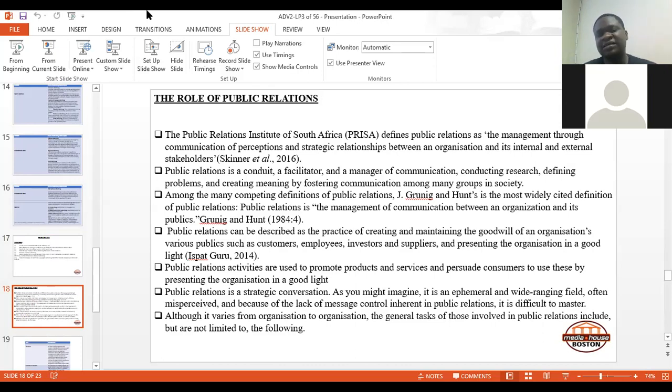And on advertising, we've discussed the criteria used for classifying advertisements and the purpose of advertising and the different types of advertising, as well as different mediums that are used for advertising.